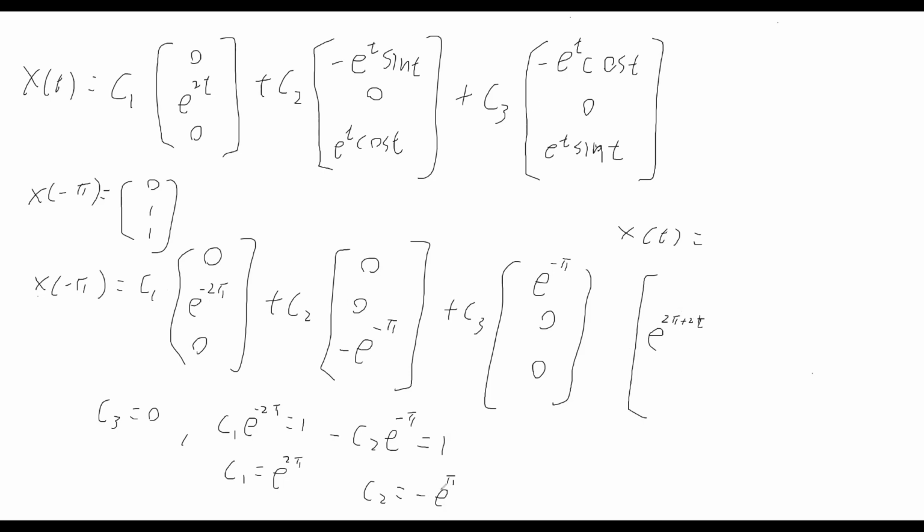C2 is negative e^(pi). Put it here. So that's e^(t-pi) sin t. And the same thing here will give me negative e^(t+pi), oh, plus pi, my bad, plus pi, and then cos t. Whew.